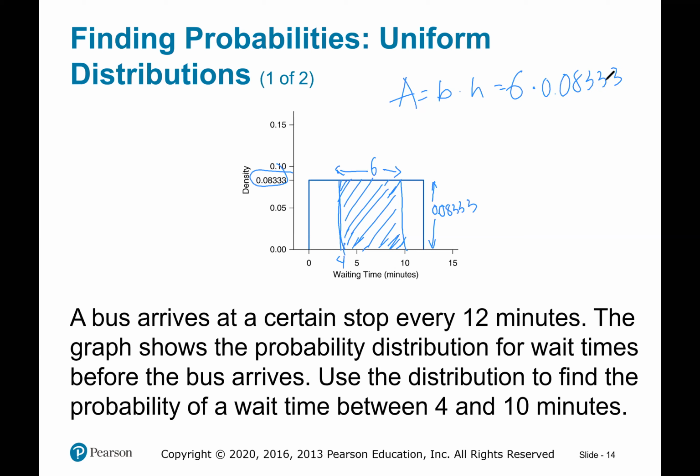So what is that going to be? 6 times 0.08333 is going to be 0.49998. So that should be the probability that X is between 4 and 10.